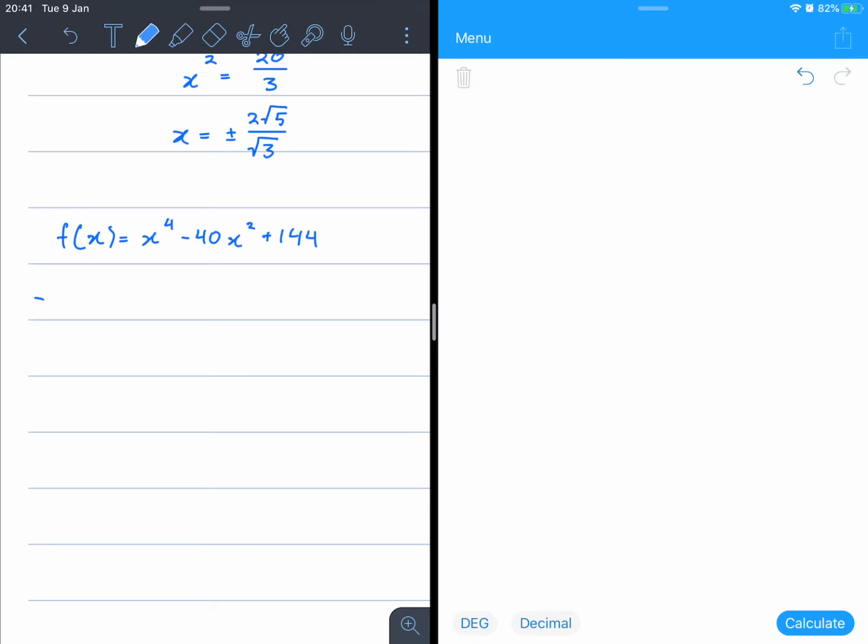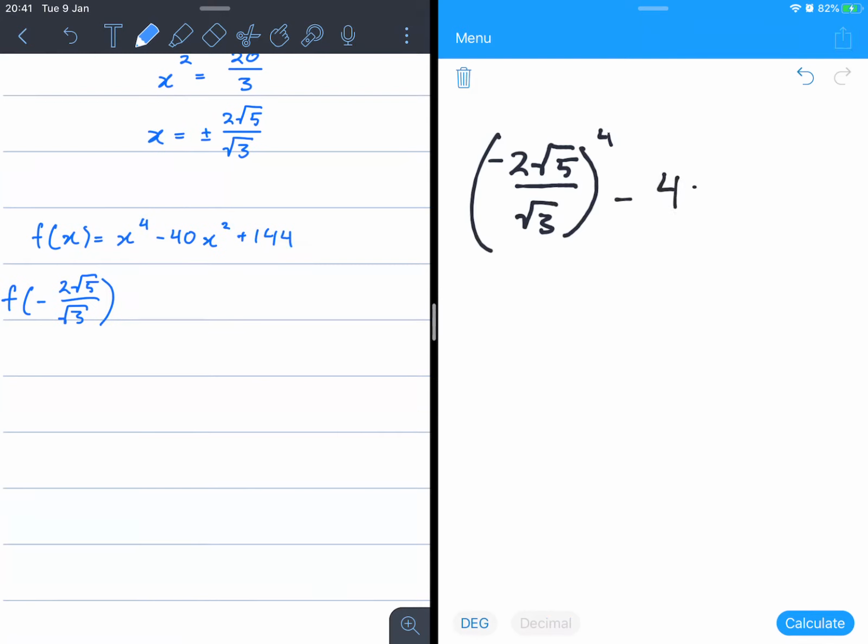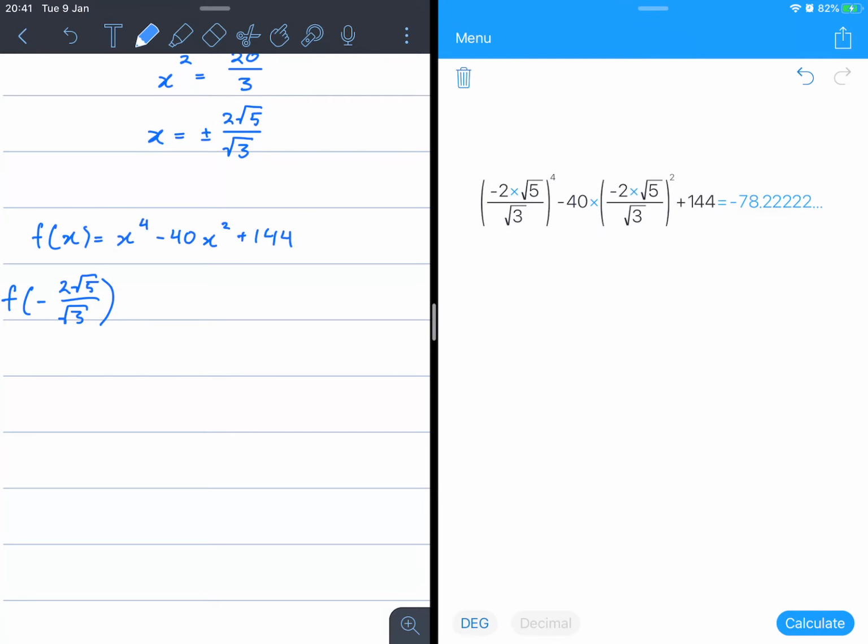So substituting it in, we'll get f of negative 2 root 5 on root 3. So negative 2 root 5 on root 3 all squared minus 40 times negative 2 root 5 on root 3 squared plus 144. It's going to be negative 78.2.